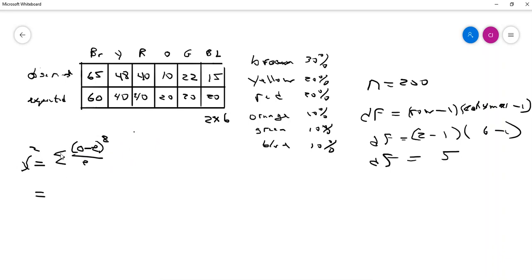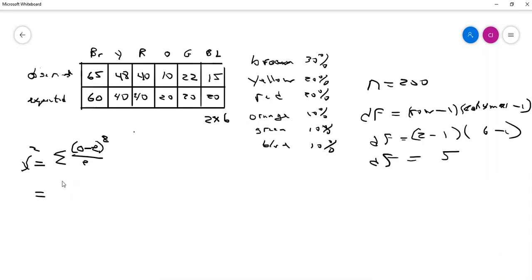This is that sum, so we add up these things. What we're doing is looking at each of these, because the test is a summative test. It takes the differences between what we observed and expected for each of the colors and adds them all up to give us one test statistic.